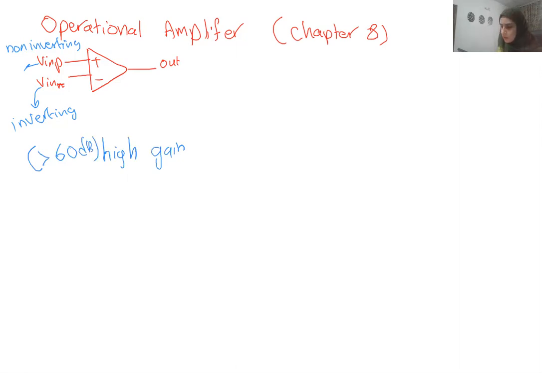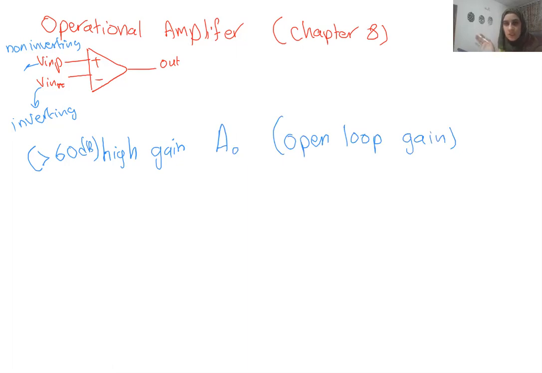We give this gain the symbol A0, or the open loop gain. Now when we close the loop, having feedback from the output back to the input, we will call it a closed loop gain. So we need to differentiate between them.